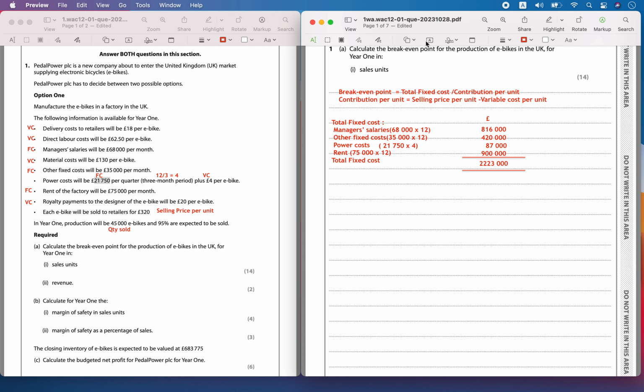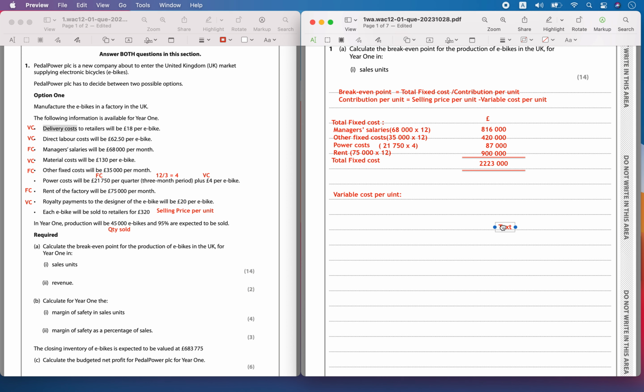Now our next job is to find the variable cost per unit. So what is the variable cost? That's the second thing we have to find, variable cost per unit. Now we can see that first one is the delivery cost.